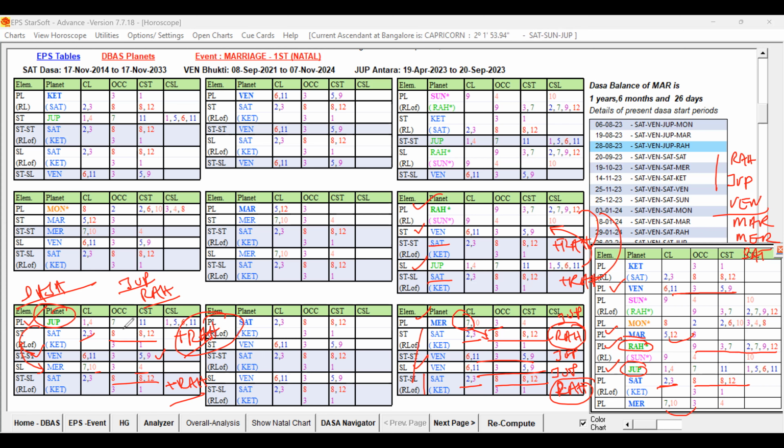Saturn is having 8 and 12, but Ketu is supportive, and Rahu is influencing Saturn at 2 levels. So Saturn also we can take because it is influenced by the favorable key planet Rahu. So now straight away, if you see which are the favorable key planets: Jupiter, Saturn is secondary, and Venus. Yes, Venus is a good key planet.